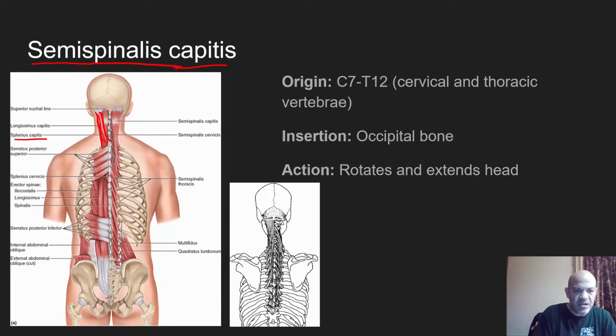And if we remove that, we're going to get a clearer look at the Semispinalis capitis. There's also a Semispinalis cervicis, which is referring to the neck region. But this one is the capitis because its insertion is on the head at the occipital bone. And it continues downward, and the origin would be the cervical vertebrae and thoracic vertebrae.